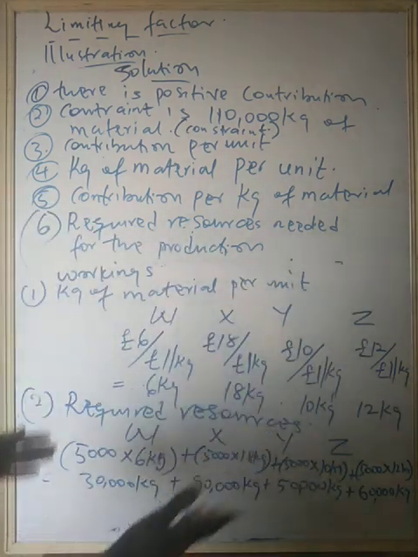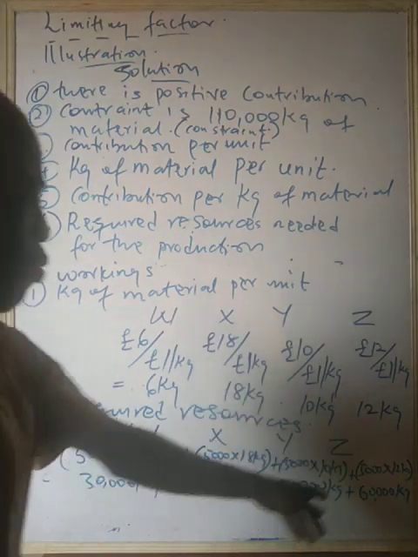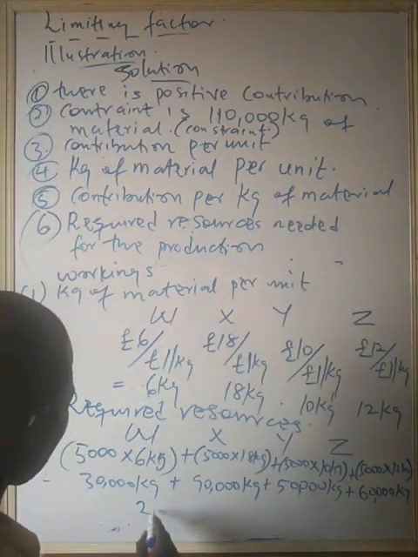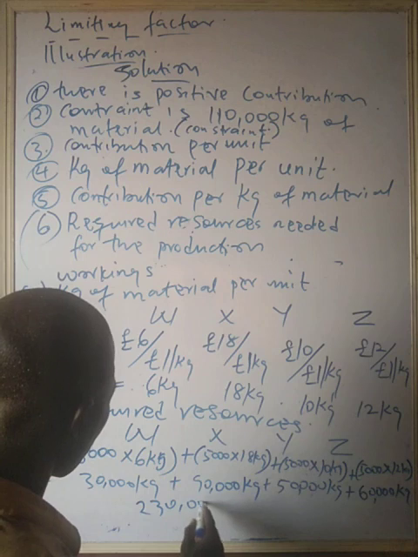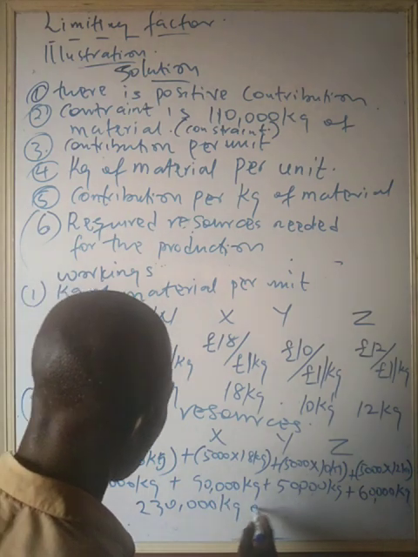So we add all together, 30 plus 90 plus 50 plus 60, that gives us 230 kg of materials.